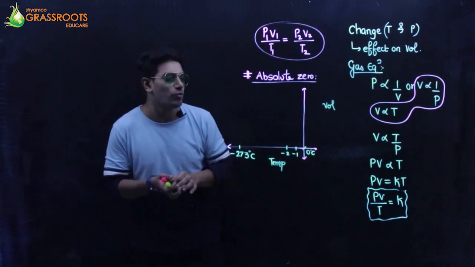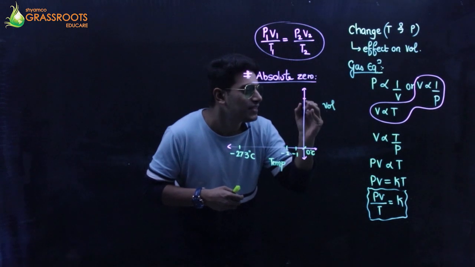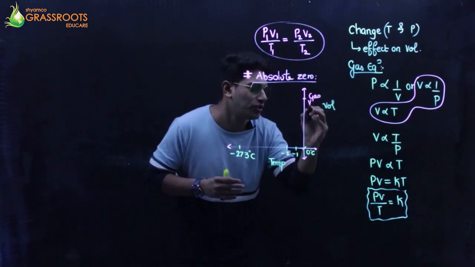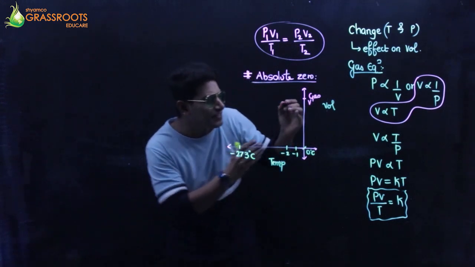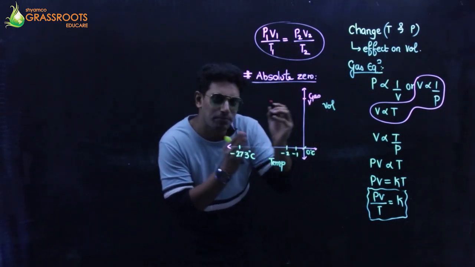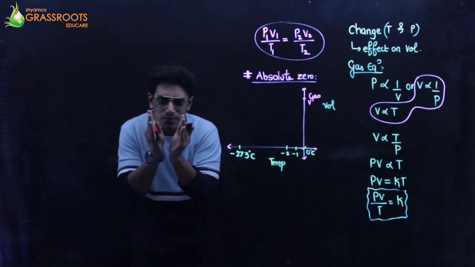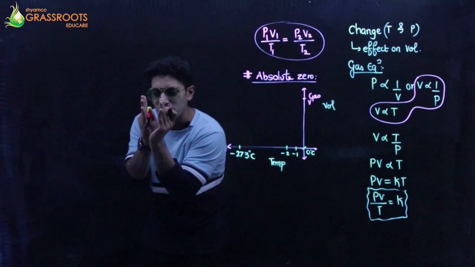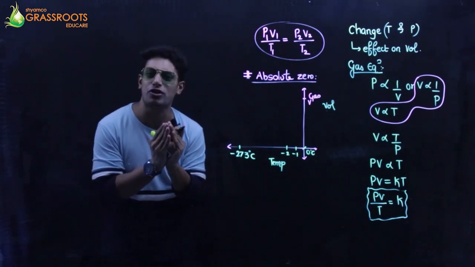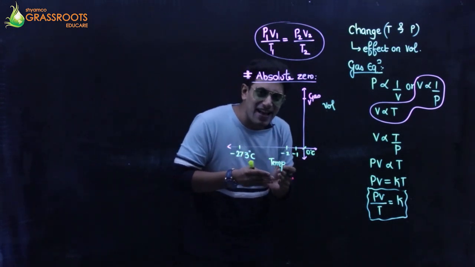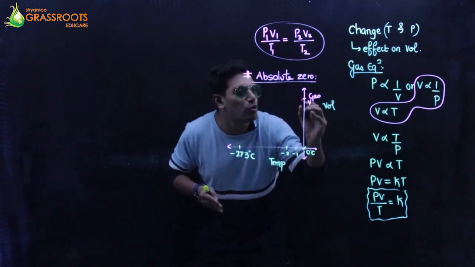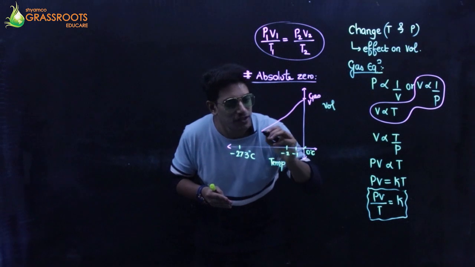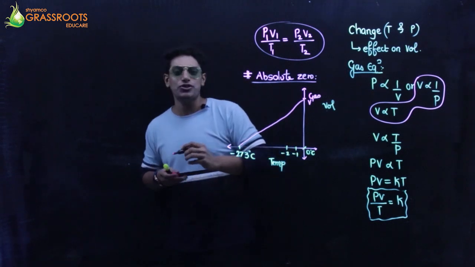What happened, as I said, was this was a gas at volume V0 or V. As the temperature was reduced, the gaseous molecules start coming close to each other. They started getting compressed. The volume is less. So the volume started decreasing. It's a straight line actually.